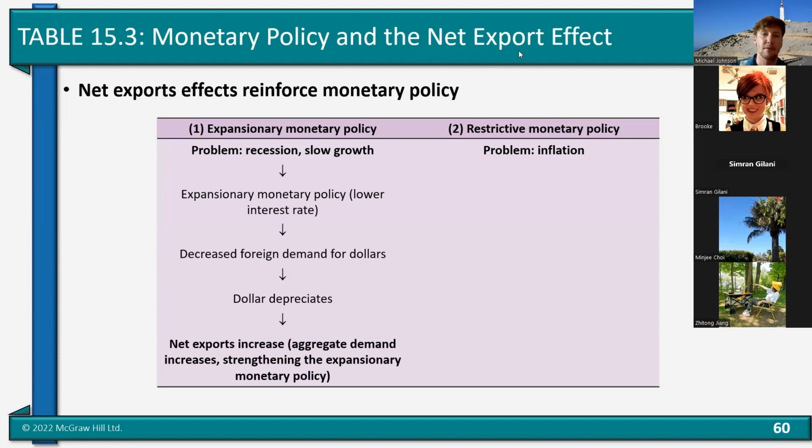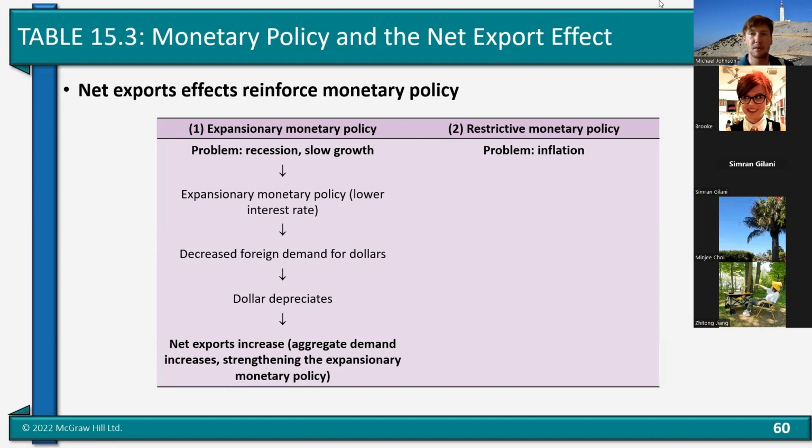So that's what happens when you have a lower interest rate: a lower interest rate will reduce the value of our currency, and net exports will increase because they are cheaper due to the lower value of our currency. Now we have more economic growth due to higher net exports.